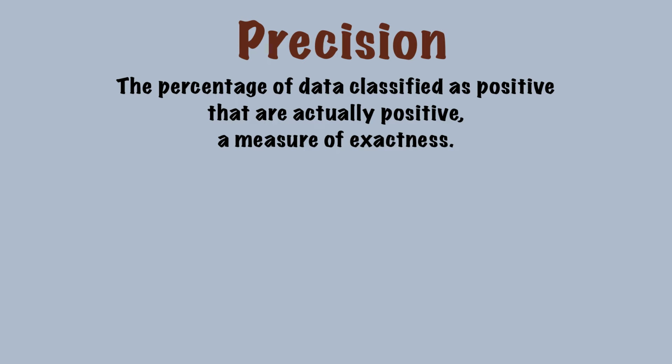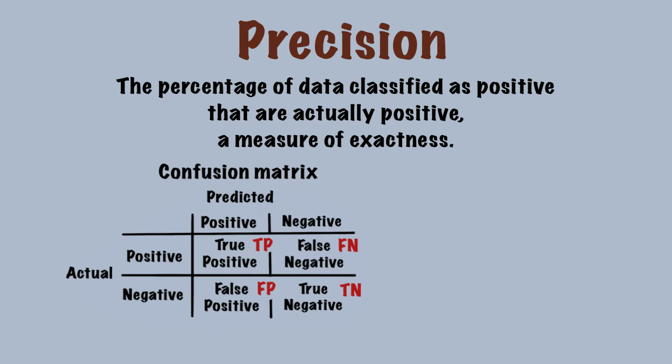Precision is the percentage of data classified as positive that are actually positive. It's also a measure of exactness. Again, please try to infer the formula based on the confusion matrix. First, the population is the data classified as positive, so this time we look at the whole positive column, which is TP plus FP.